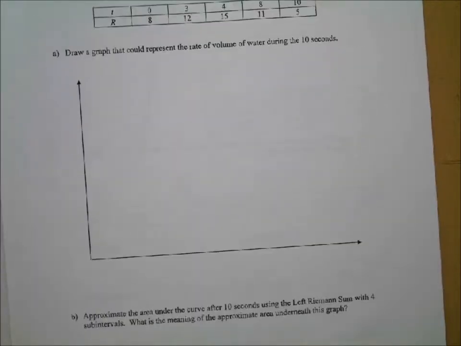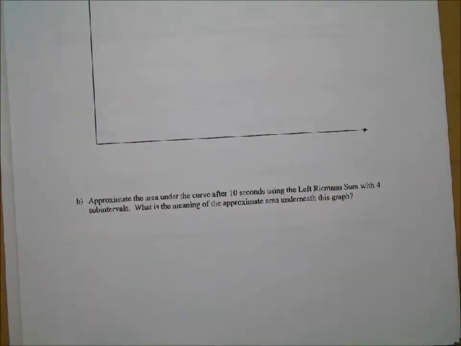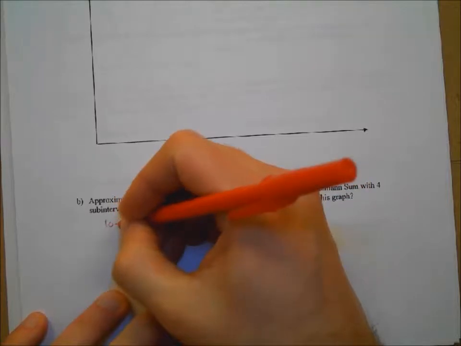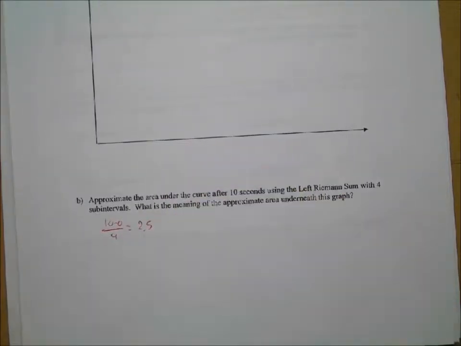We're going to jump down to letter B here. Approximate the area under the curve after 10 seconds, so that's from 0 to 10 there, using the left Riemann sum with 4 subintervals. So if we're going from 0 to 10 in 4 subintervals, what's the width of each subinterval going to be? 2.5.